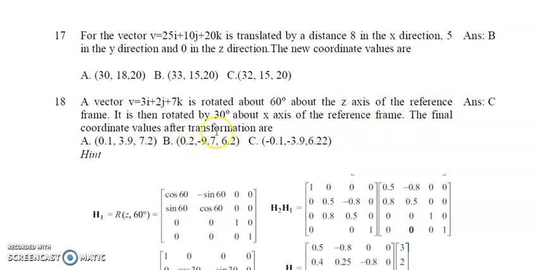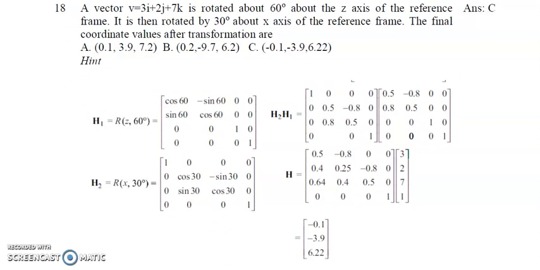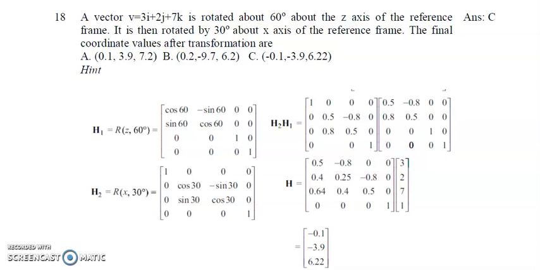The final coordinate values after transformation are: A, 0.1, 3.9, 7.2; B, 0.2, minus 9.7, 6.2; C, minus 0.1, minus 3.9, 6.22.